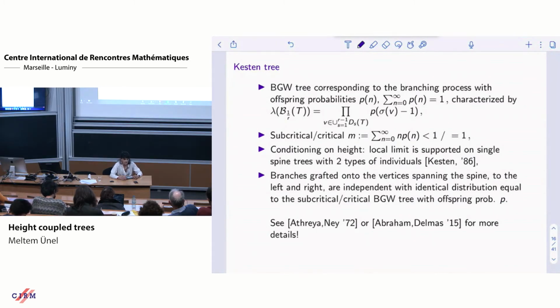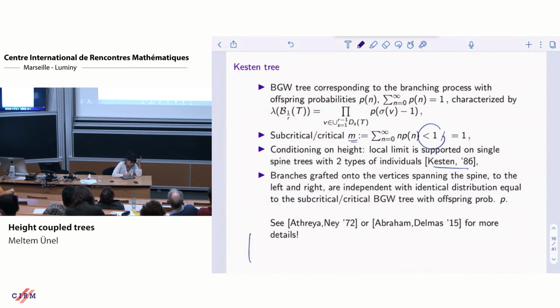So I'm looking at the Bienaymé-Galton-Watson tree corresponding to a branching process, and I call it subcritical if the average value of offspring is smaller than 1, and critical if it is equal to 1. And it is a result from 86 by Kesten that if one conditions on height, one can compute the local limit, which is supported on single spine trees with 2 types of individuals, special ones and normal ones.